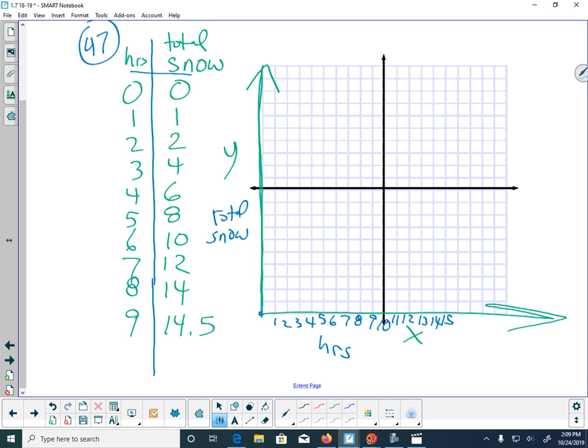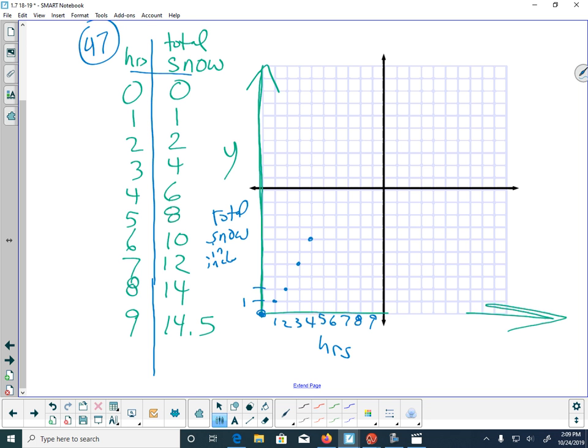So my graph should look like this: 0, 0, 1, 1, 2, 2. That look right? And then 3 goes to 4. Uh-oh. Yeah, I got enough room. I don't need that many hours. Yeah, you need 9 hours. 9 hours. Thank you, Mark. And then total snow, I need to get up to 15. So this is 1 inch, 2 inches in inches.